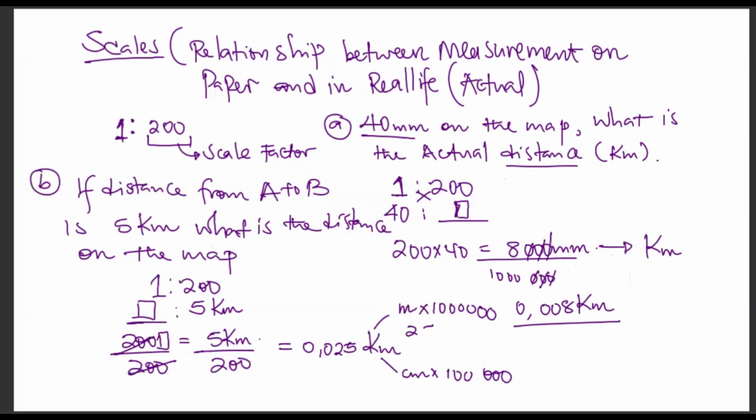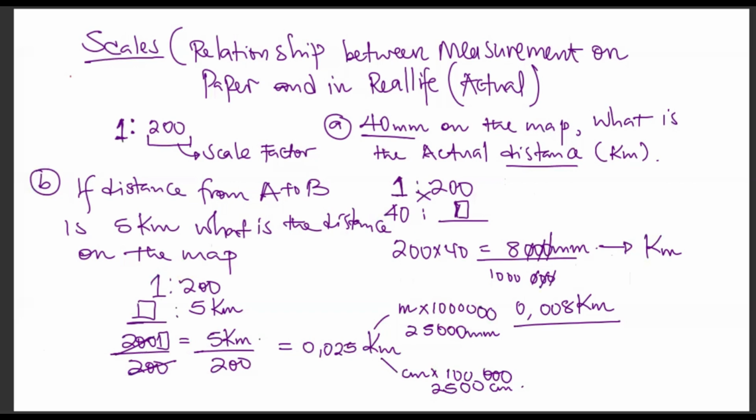Yeah, this simply means it's this much. And here it will be 2,500 centimeters. That's how we do it. So when you look at this, what comes to your head?